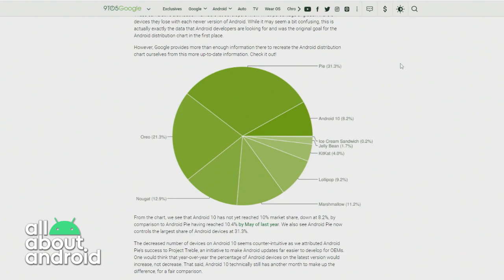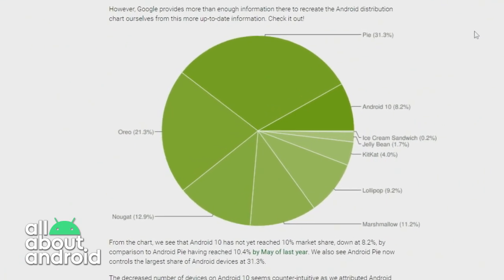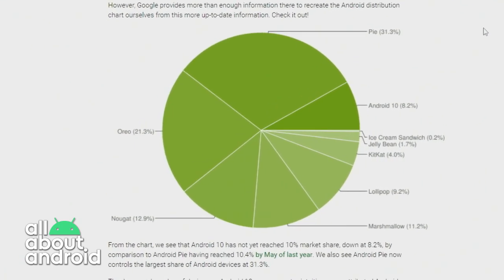Currently, if we're talking platform distribution, Android 10 is at 8.2%. That is a little lower than Pie was at the same time last year, when Pie was hovering around 10.4% of platform distribution. We see Pie now is at 31.3%, the largest chunk of what version of Android folks are using at large.